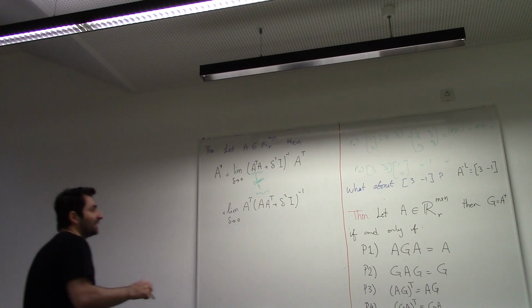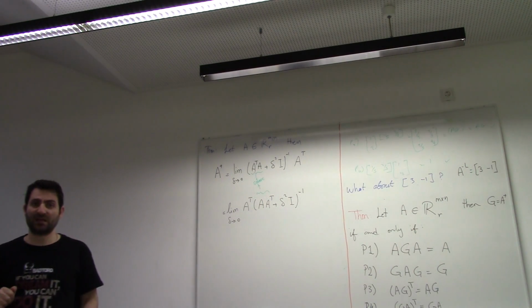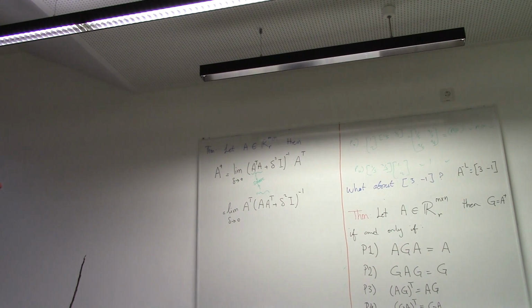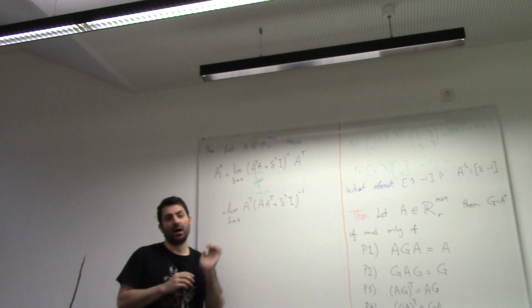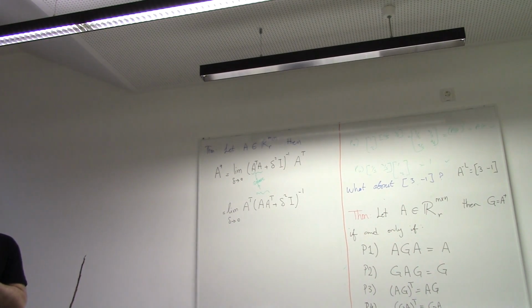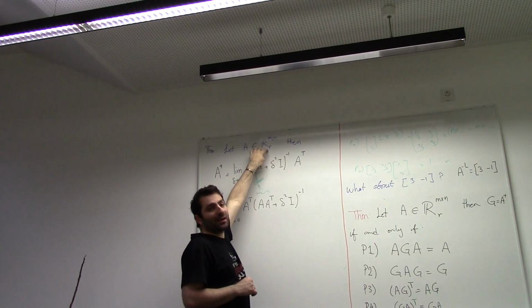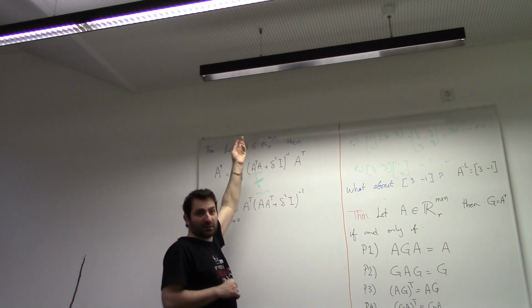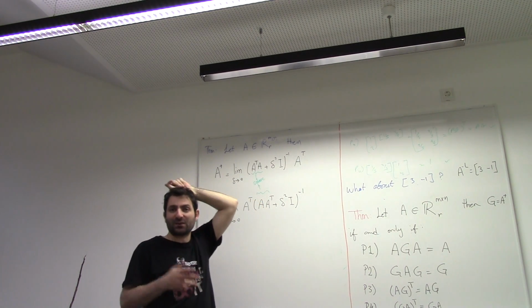So we understand that these two I's are not of the same sizes. But my question is, why do we add the delta I to our matrix? What is the meaning of rank R? We know that, because we are talking about the general form, R can be less than the minimum of m and n. So what does it mean?